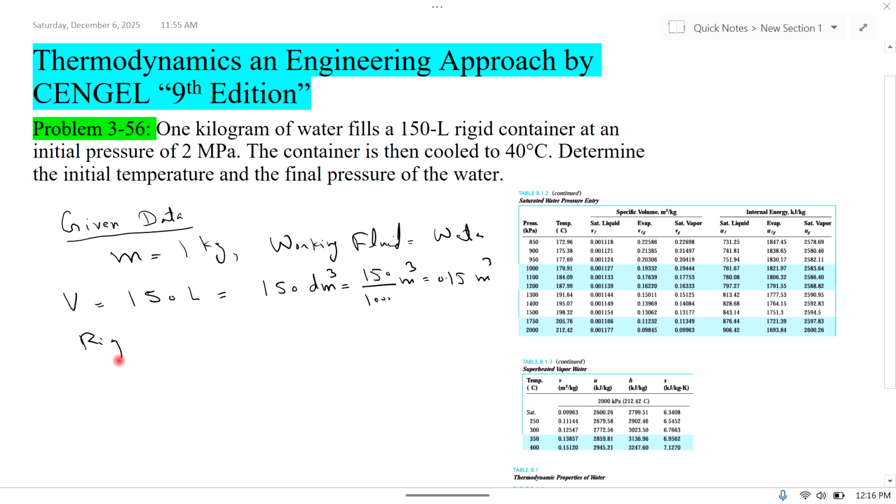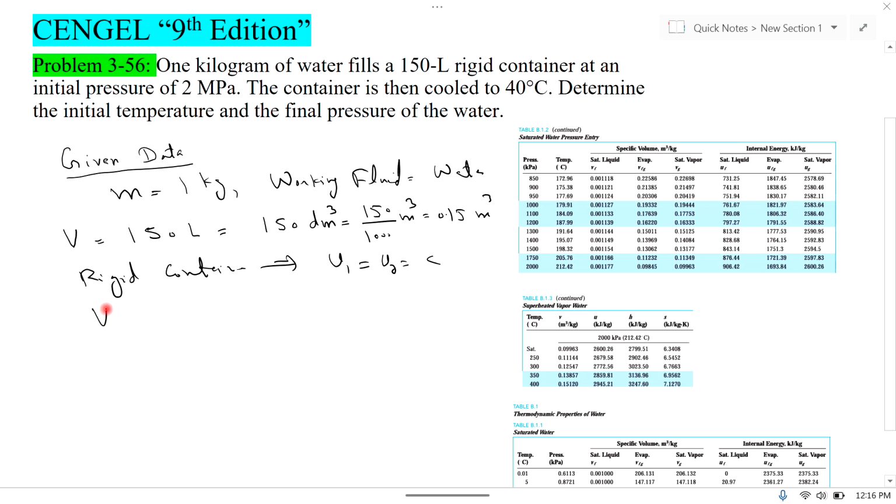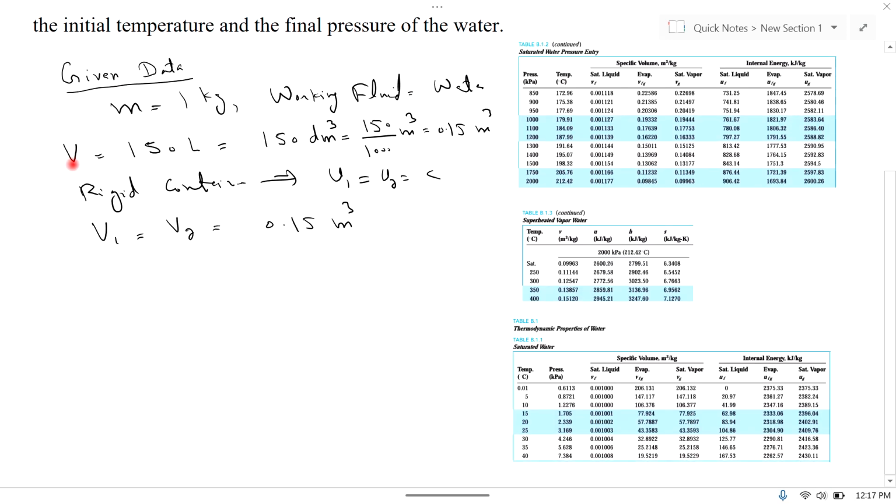Rigid container means that volume is constant, that V1 is equal to V2 is equal to constant. And so it means that V1 is equal to V2 is equal to 0.15 cubic meter, and mass is given to us as 1 kg.